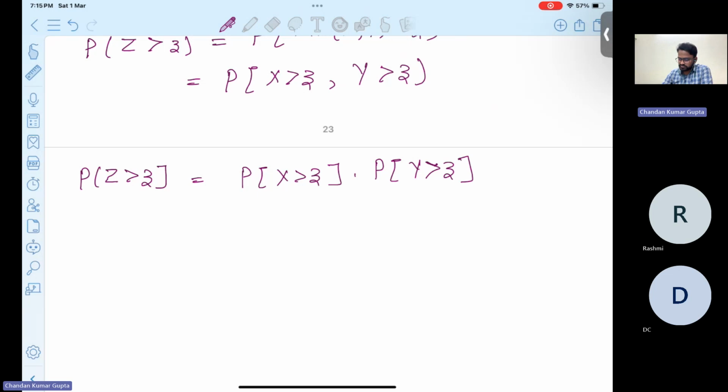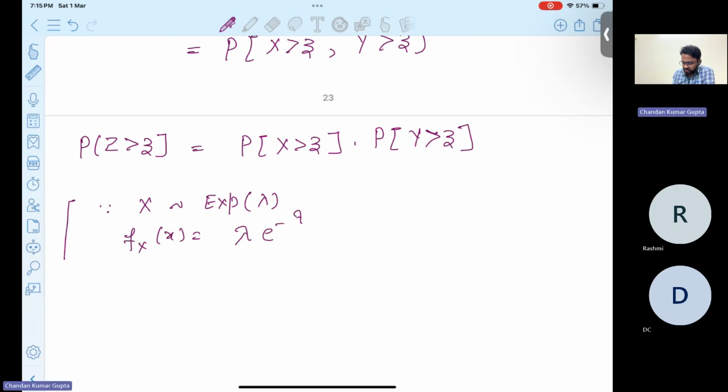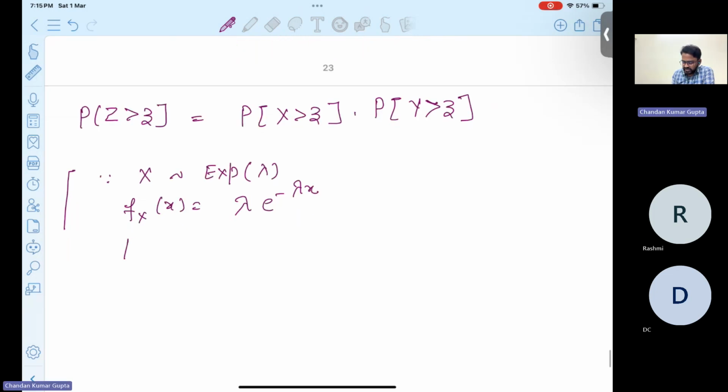Now, since X follows exponential lambda, for example, then f_X is lambda e to the power minus lambda x, and capital F_X, which is defined as probability that X is less than or equal to x, is 1 minus e to the power minus lambda x.